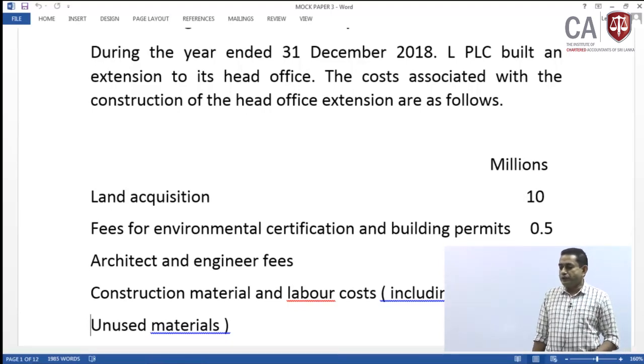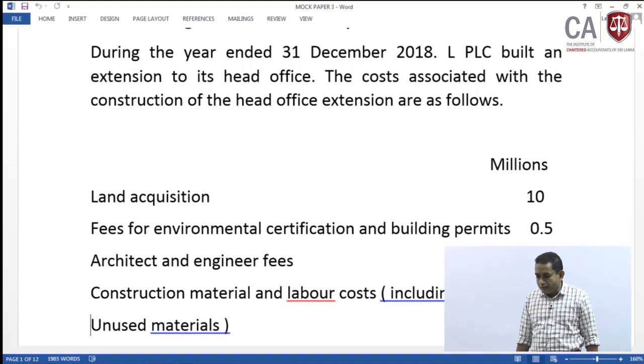The costs associated with the construction of the head office extension are as follows: land acquisition 10 million rupees, fees for environmental certifications and building permits 0.5 million, architect and engineer fees 1 million, construction material and labor costs including unused material 6.6 million.